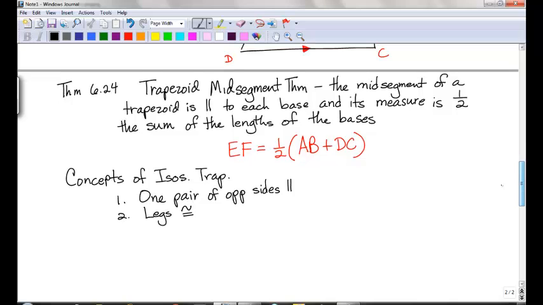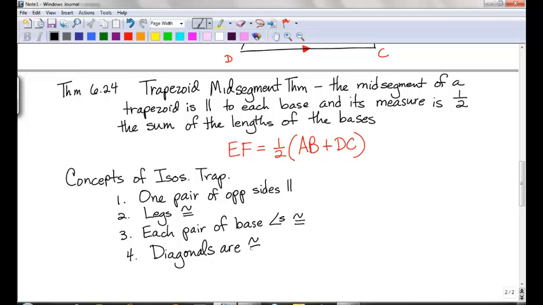This has to be an isosceles trapezoid. Each pair of base angles is congruent. And the fourth thing, the diagonals are congruent. Now, emphasize on this, it's an isosceles trapezoid, not just a trapezoid.